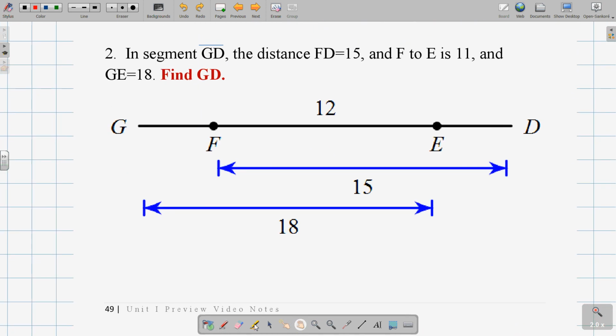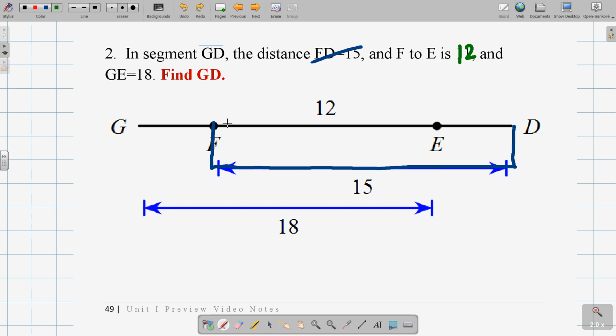Let's try another one together. In the segment GD, the distance F to D is 15. So ready? I'd like you to bracket F, I'm using blue, to D, 15. F to E is, that should read 12. Should read 12.